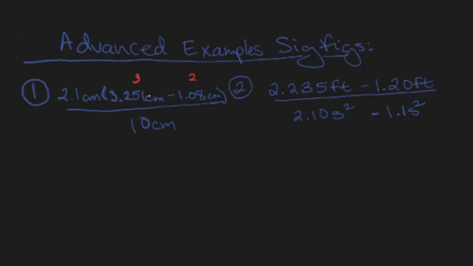3.251 minus... hopefully you've tried this problem on your own prior to listening to the solution. If we were to do that without any rounding, that would be 2.171 centimeters. But remember, 2 is the least number of decimals that we have after comparing these two.